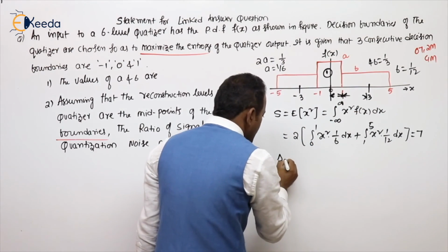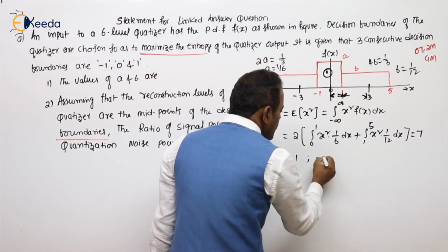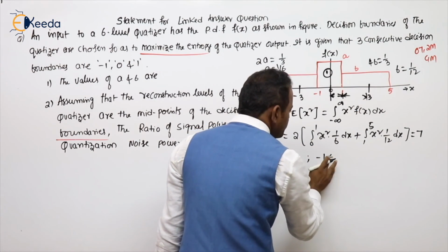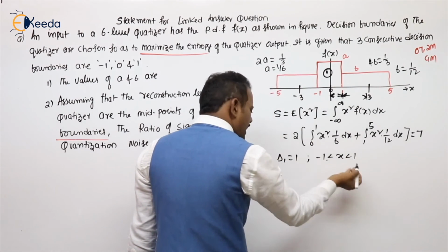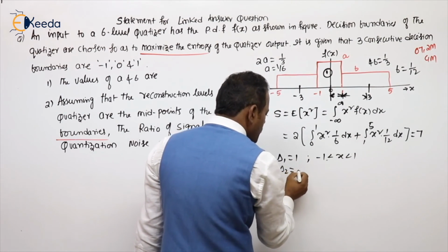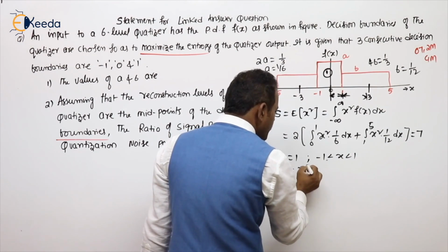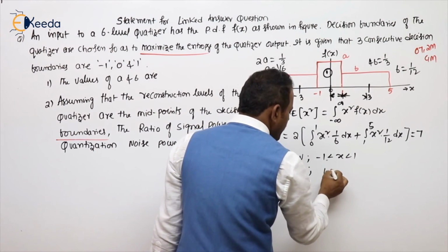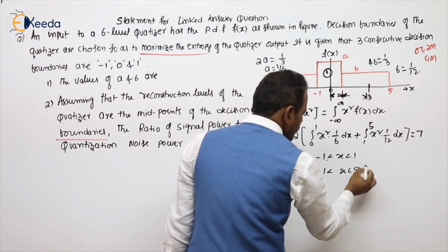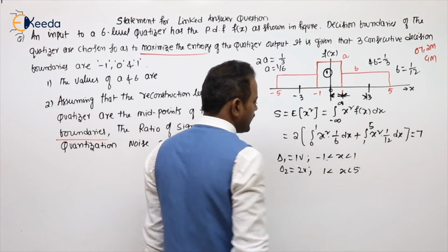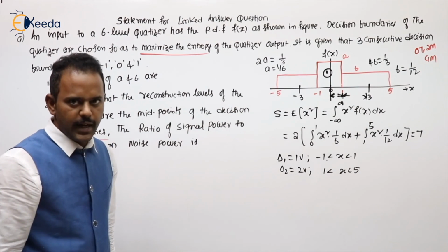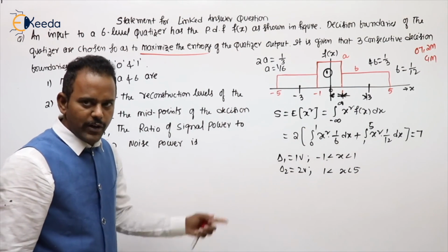So I can say delta 1 is 1 volt from minus 1 to plus 1, and delta 2 is 2 volt from 1 to 5, or minus 5 to minus 1. Understand my point? Now twice you can write.